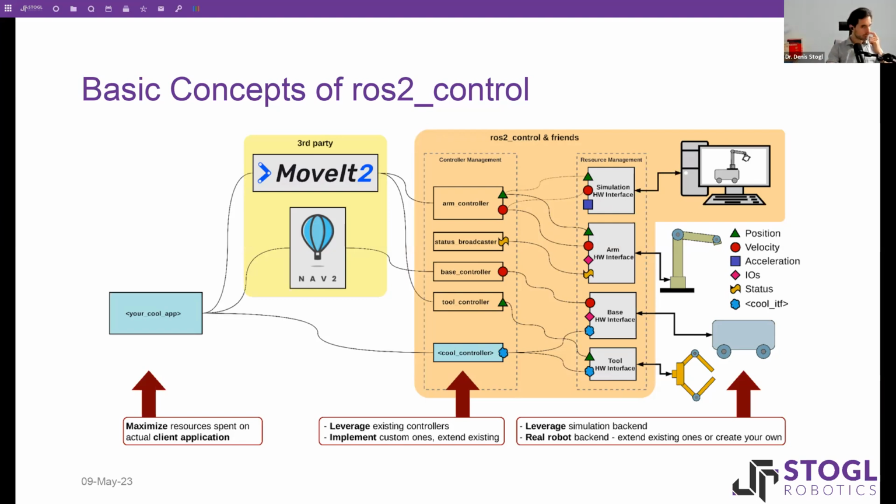What is also important is that we offer interfaces in ROS2 control for other external libraries like MoveIt 2, Navigation 2, and so on, or you can even create your own application. Most of the interfaces for the controllers didn't change in years, and they will probably not change very soon, so you get very stable behavior.